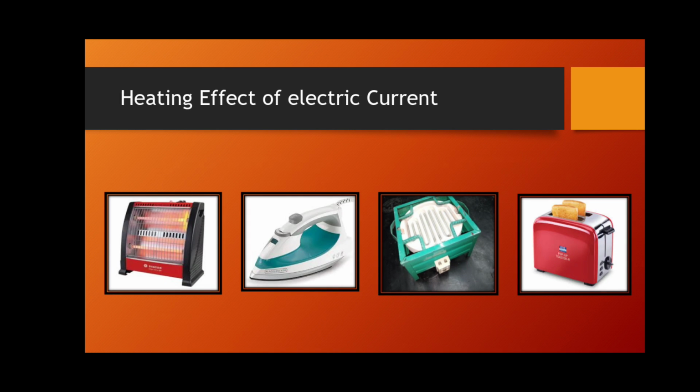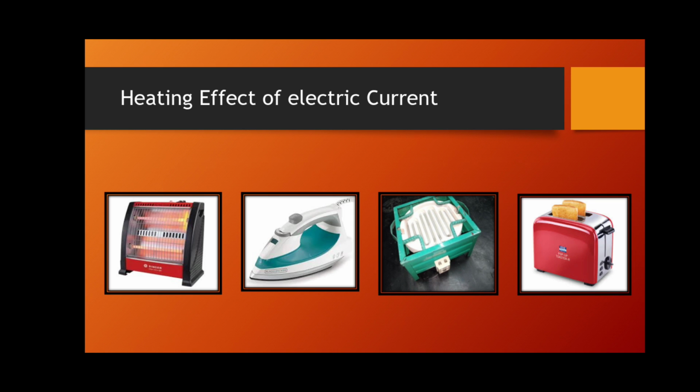Now the next topic that we are going to discuss is the heating effect of electric current. So what do we mean by heating effect of electric current? When an electric current flows through a wire, the wire gets heated up. The larger the current, the more heat is produced. So electric energy is converted into heat energy.